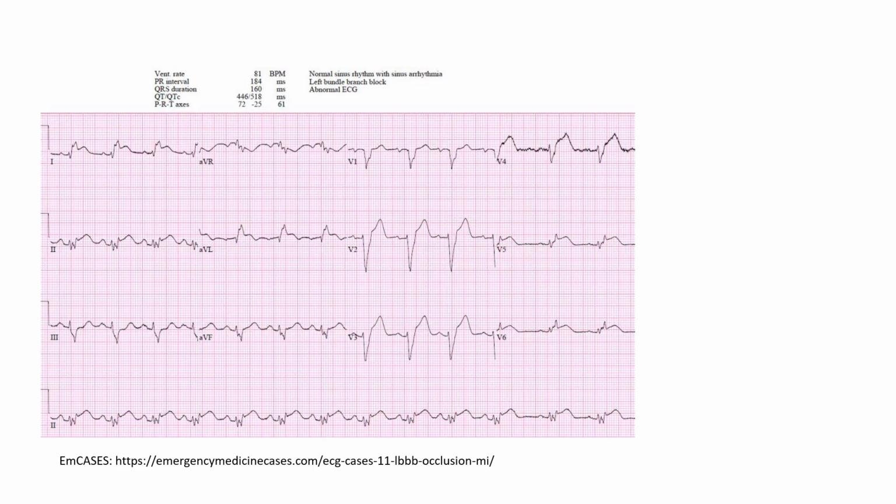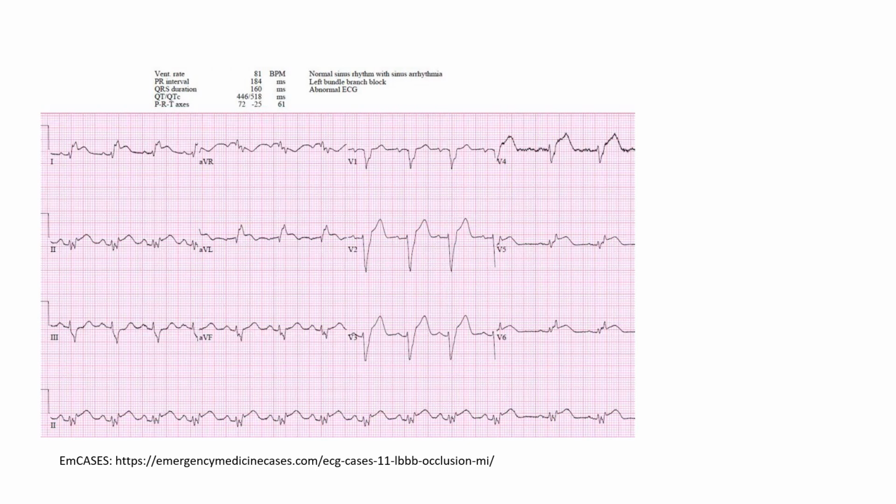Just as a small test here, you can see how ST elevations in these ECGs are quite tricky sometimes, unless you've been practicing, right?